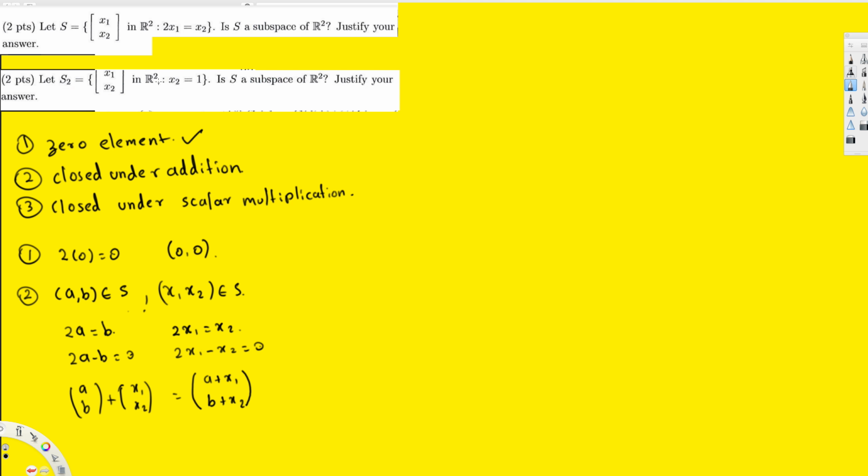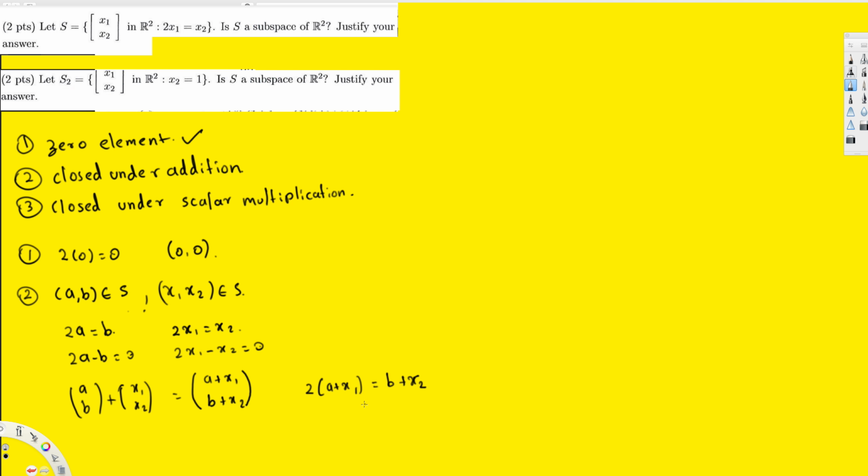According to the equation, two times the first value, a plus x1, should be equal to the second one, b plus x2.